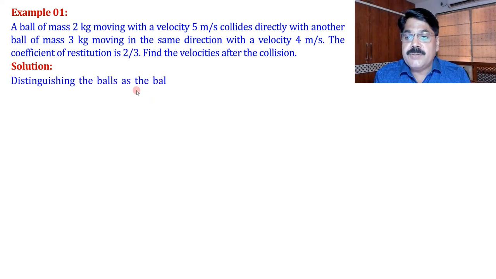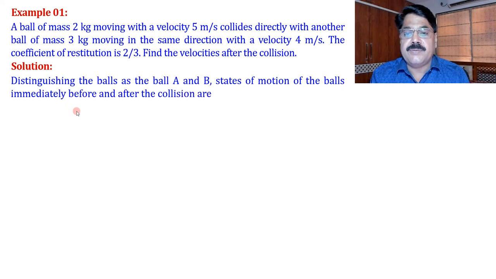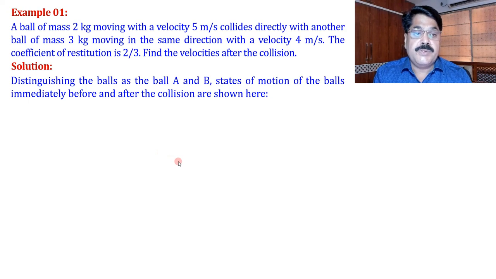Distinguishing the balls as ball A and ball B, the states of motion of the balls immediately before and after the collision are shown here. So we draw two diagrams. In one diagram we show the state of motion immediately before the collision, and in the second diagram we show the states of motion after it. Ball B has mass 3 kg.